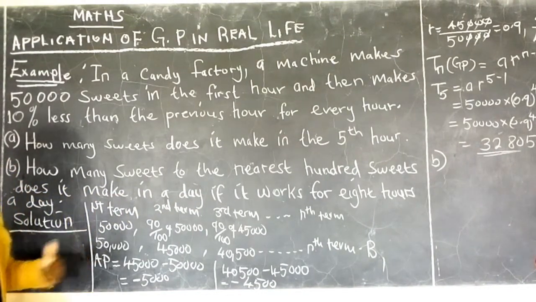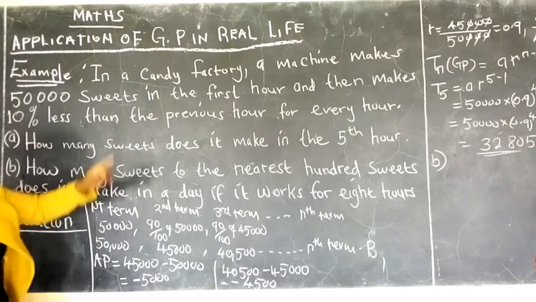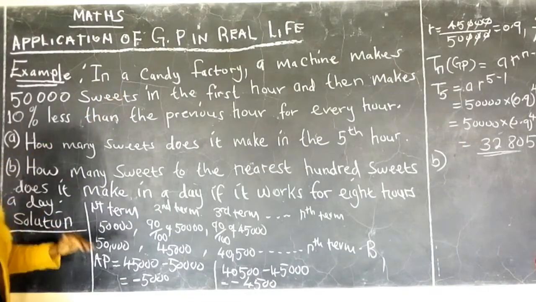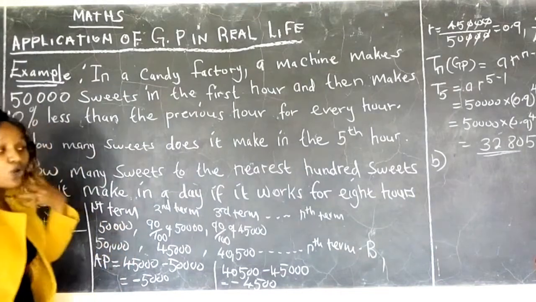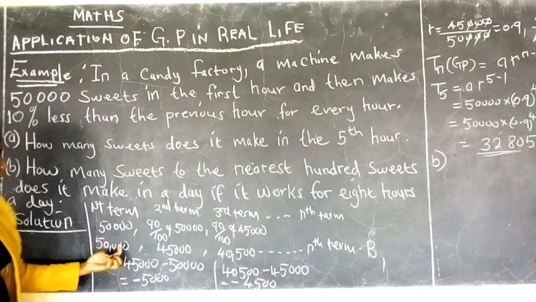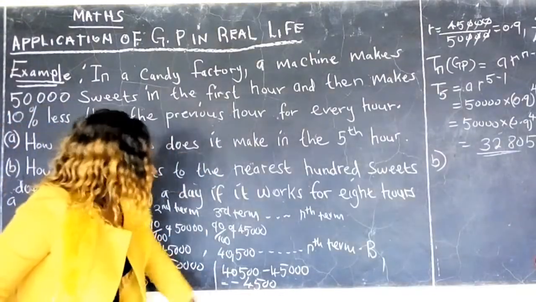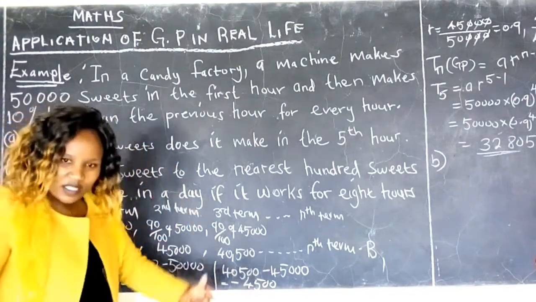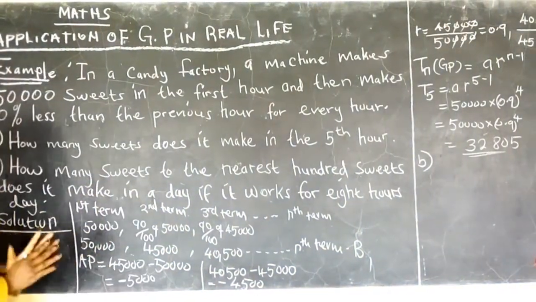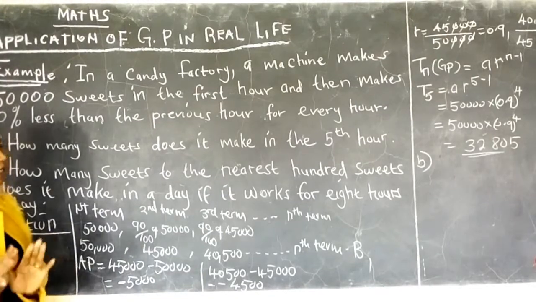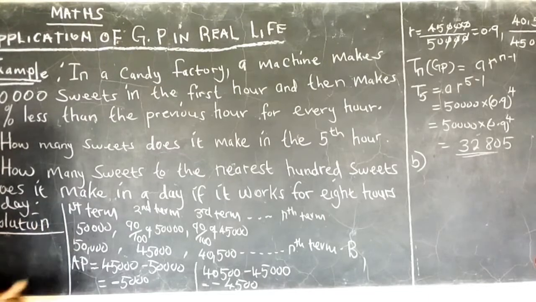Or you can use the formula for finding the sum of n terms of a GP. So in part D, you can get the first term, the second term, up to the 8th term, then sum them together to get the required number of sweets in 8 hours.